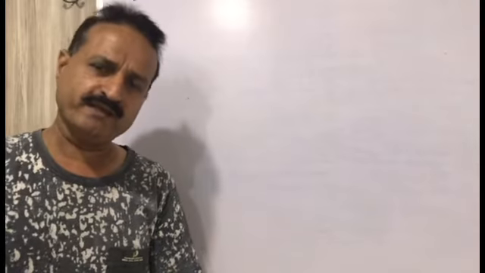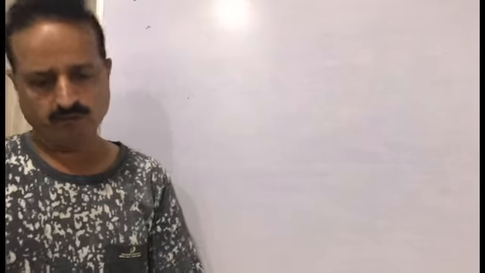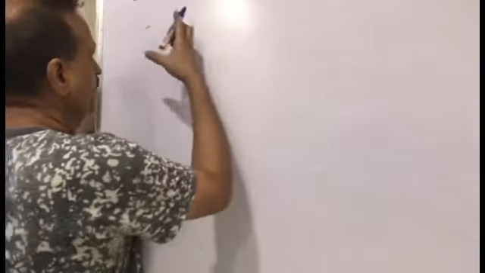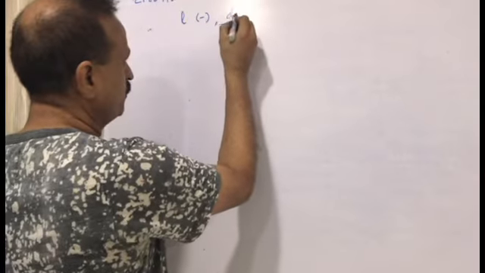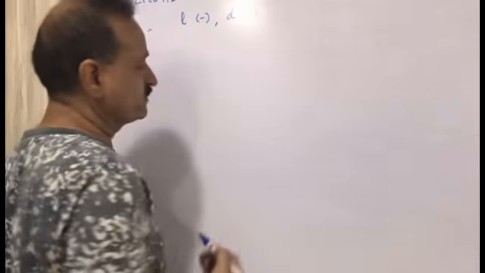If mathematical signs are used, levo is L or minus and dextro is D or plus.